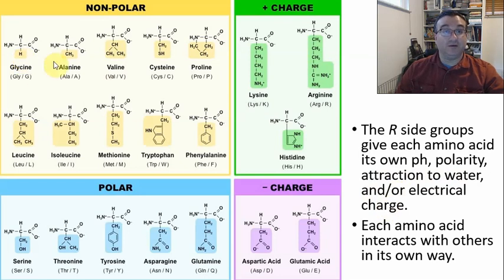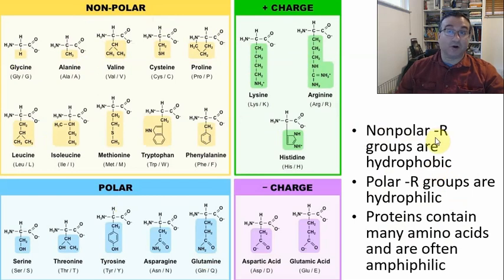So the shaded parts of all these different amino acids are unique to the different kinds, and some are polar and they're attracted to water. Some are non-polar and they would be repulsed by water and move away from it. Each amino acid interacts with the other amino acids in its own way because of this.